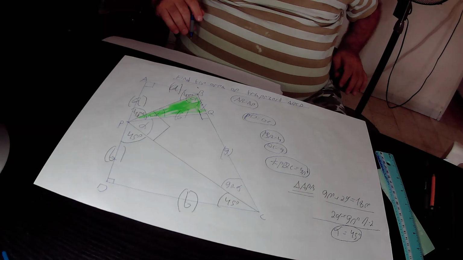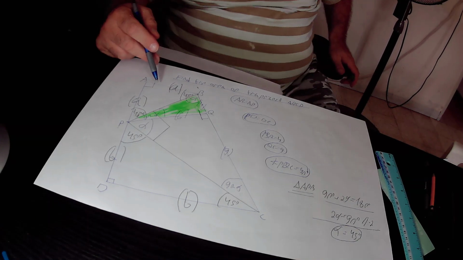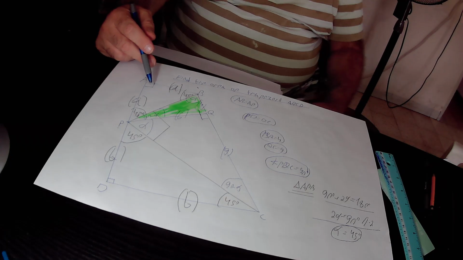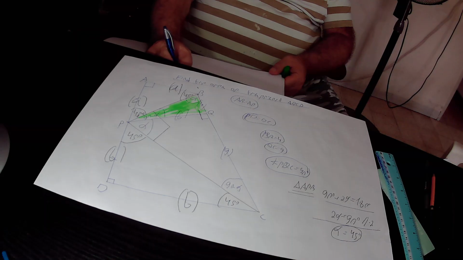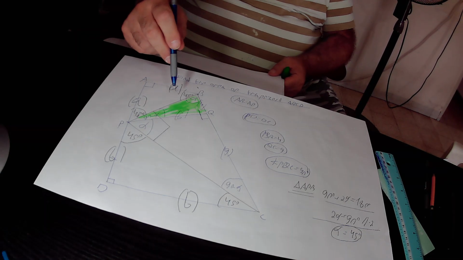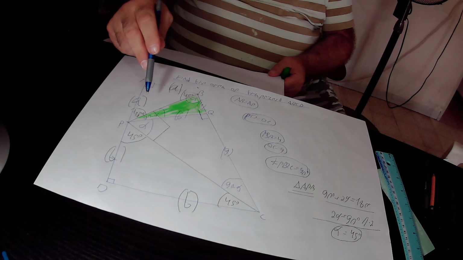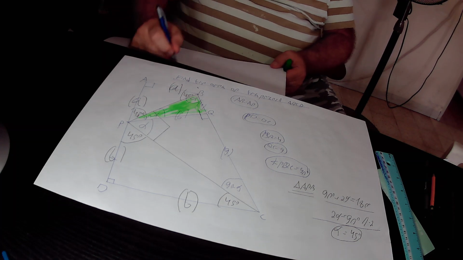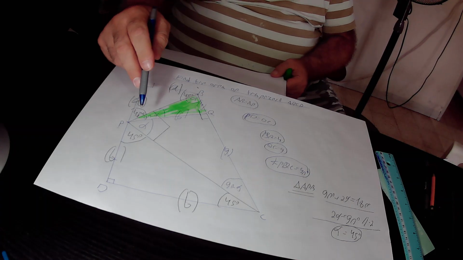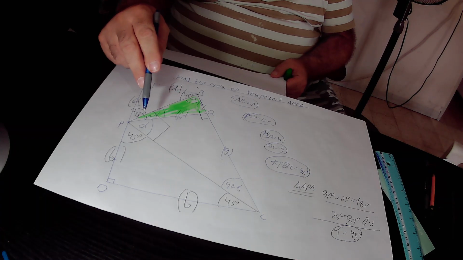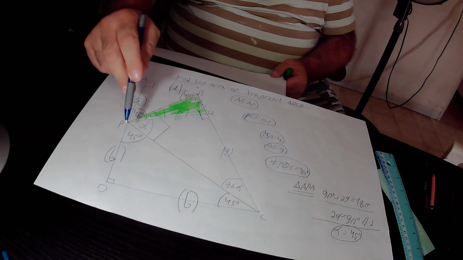So the area of trapezoid ABCD equals the area of triangle ABP, plus the area of the big right triangle PBC, plus the area of the right triangle PDC.